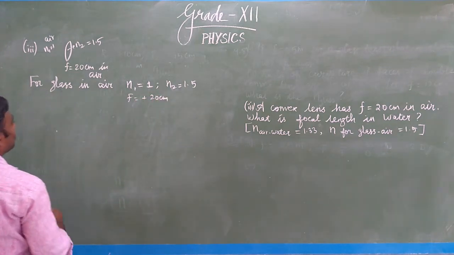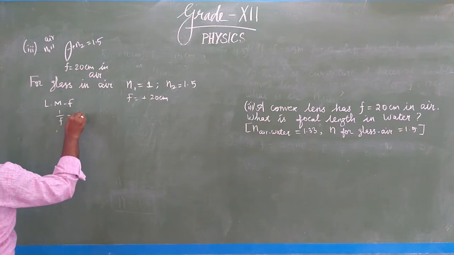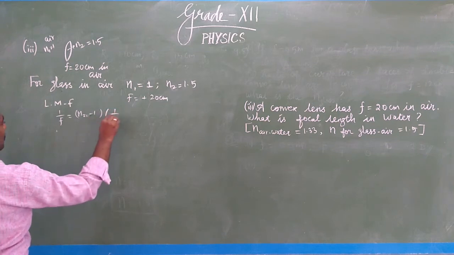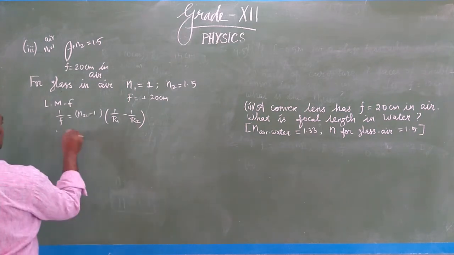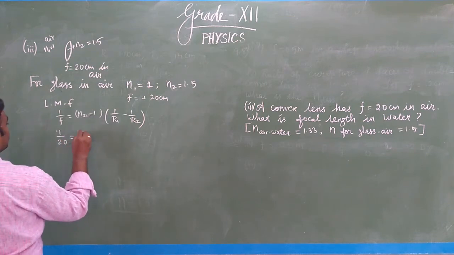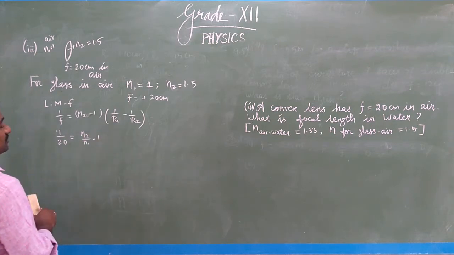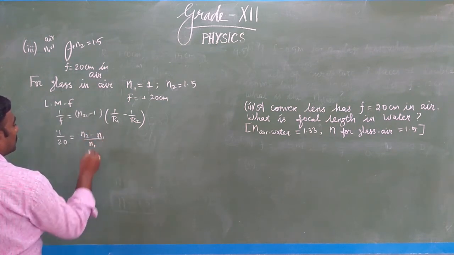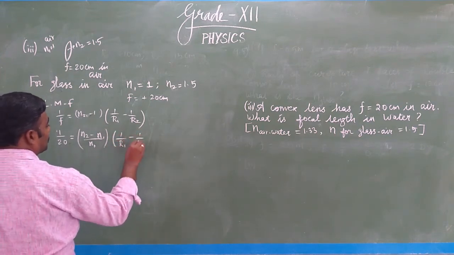So using the lens maker's formula, 1 by f is equal to (n2 minus n1) by n1 into (1 by r1 minus 1 by r2). Substitute the values. Here f is 20, so 1 by 20 is equal to n2 minus n1 divided by n1 into (1 by r1 minus 1 by r2). The values of r1 and r2 are not mentioned.